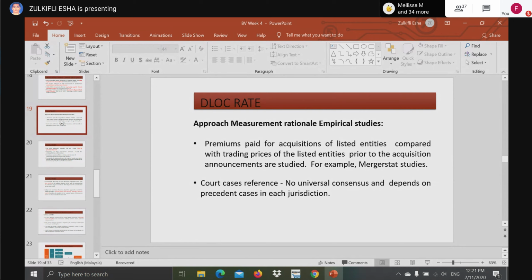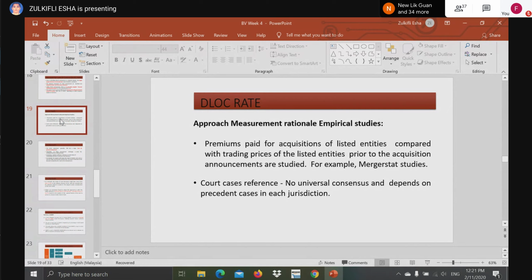It is normally related to public companies. When you are valuing public companies, there will be some issues on discount for lack of control, especially if you are valuing for minority shareholders.